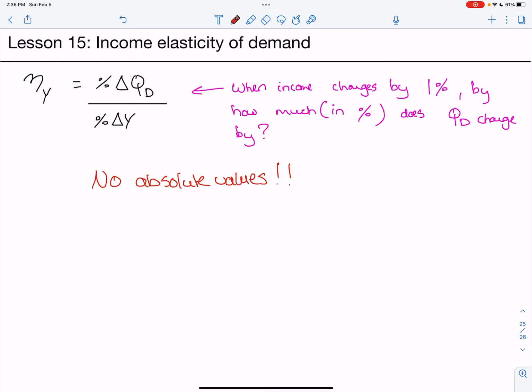Why is that? Well, because there are some goods for which if income increases, then consumption of that good will actually decrease. And these are actually called inferior goods, okay? I'm going to be uploading another video later on going into more detail about this. But the point is that we're actually interested in this case in the direction of the change.